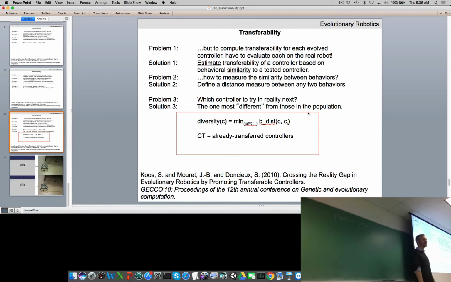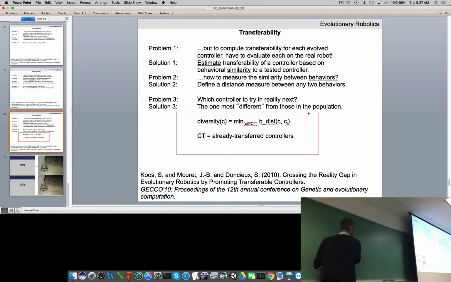Why the minimum? We're going to define the diversity or the uniqueness, if you like, of C as the minimum of all of the distances to the other CIs that we've sent to the physical robot. Why the minimum? We want the one that's furthest away from the closest. The one that's furthest away from its closest, right?